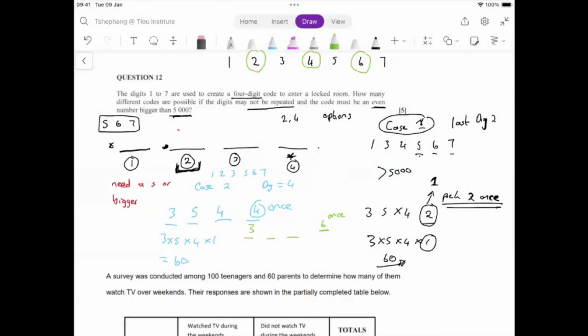Then since we took out 2 numbers, we're left with 5, and then we're also left with a 4. And then we just multiply, but this, remember, is a 1. And that gives us the total when we multiply.